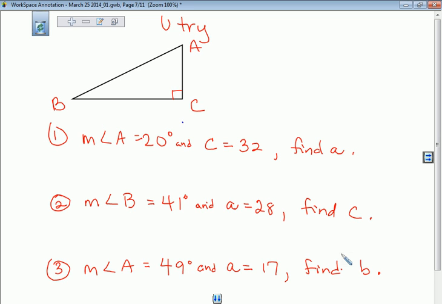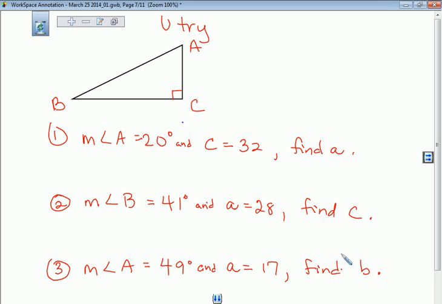Miss Willoughby, are the sides supposed to be labeled? Because it says find A, find C, find B. I didn't label. Where would A be? That's a good question. Side A is going to be across from angle A, so it's right here.